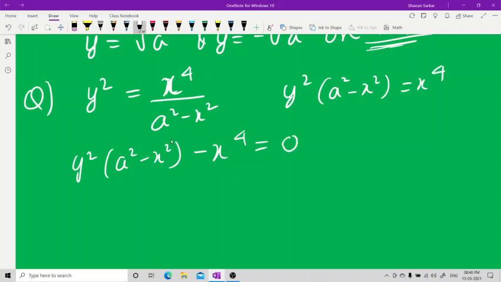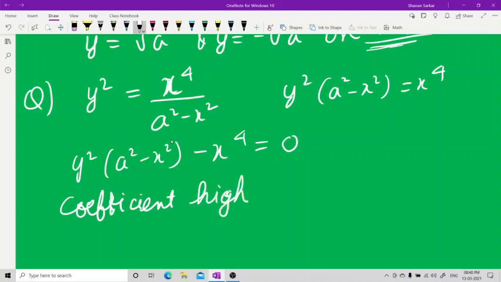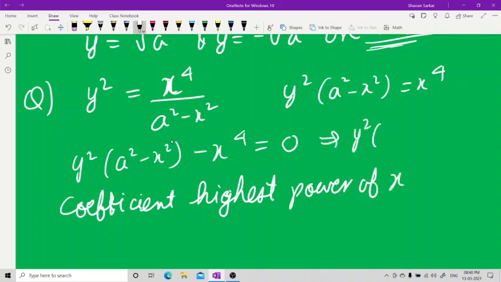Now equate, see in this case also, the coefficient of highest power of x. Here you can write this equation like this: y square into a square minus x square plus, in bracket, minus 1 x to the power of 4 equal to 0.